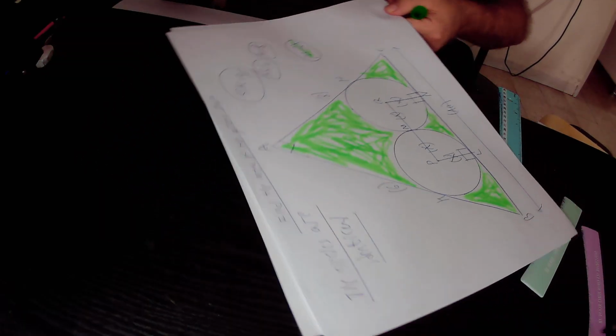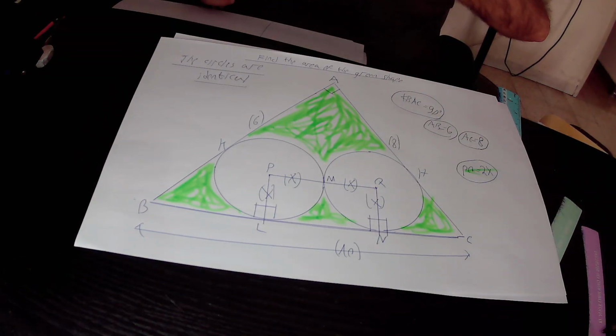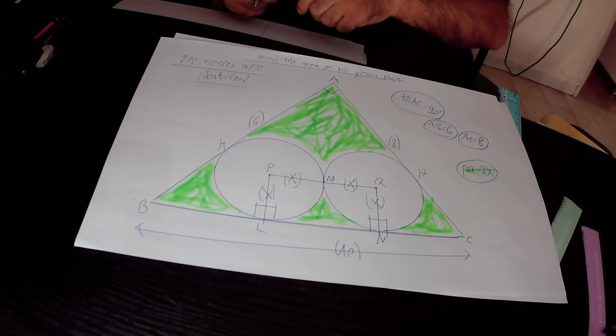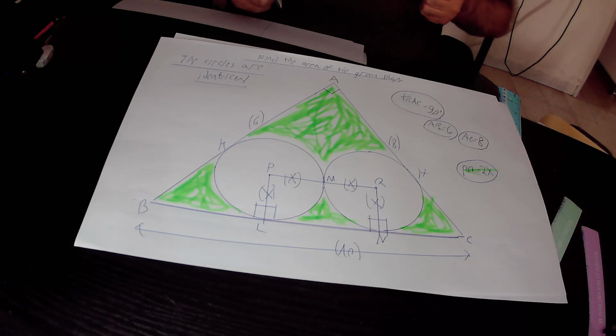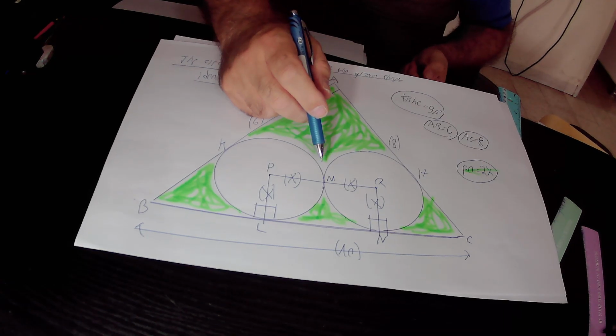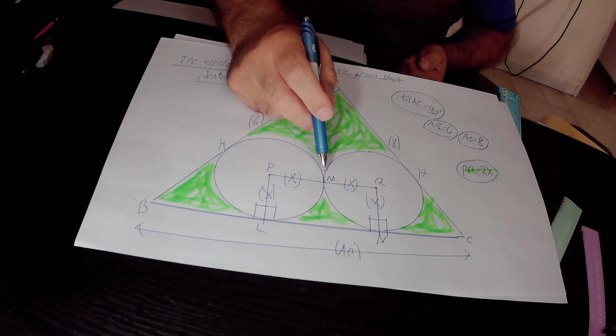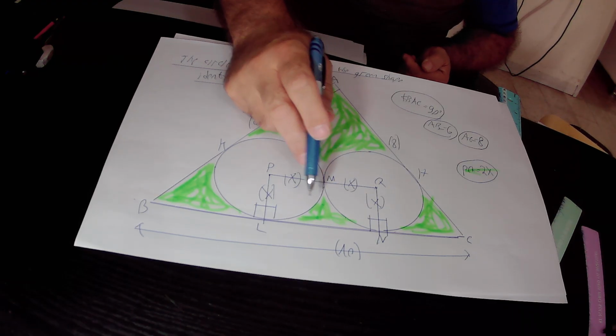Point M is the touching point between those two circles. From point M, we draw a perpendicular on BC.